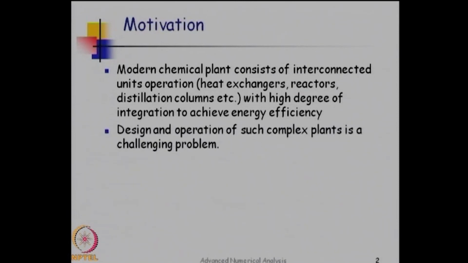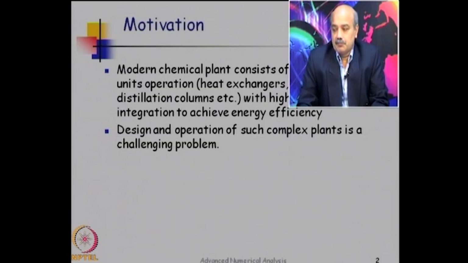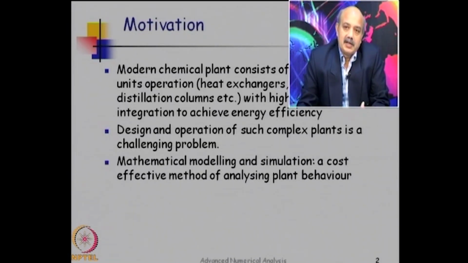So design and operation of such a complex plant is always a challenging problem, and mathematical modeling and simulation has become a very handy tool, a very cost effective method of analyzing the behavior of such plants.